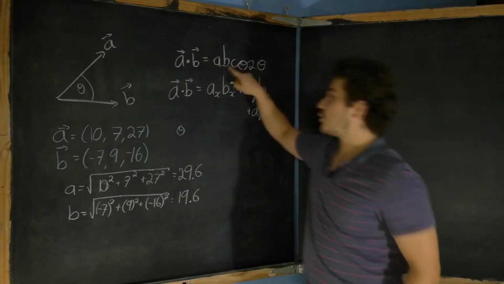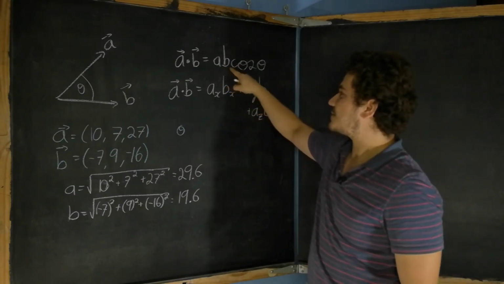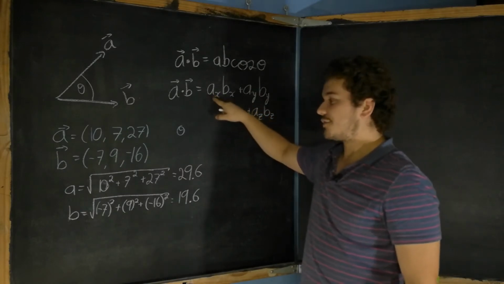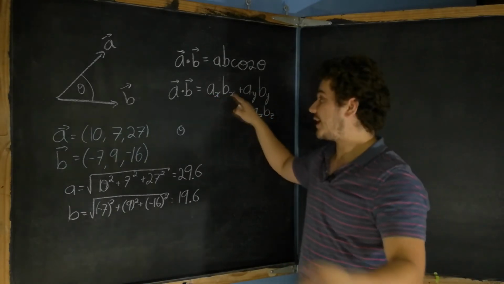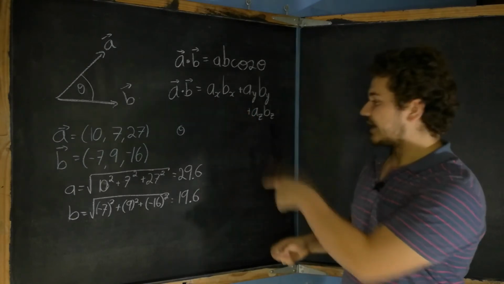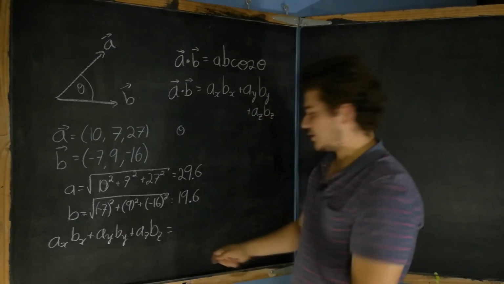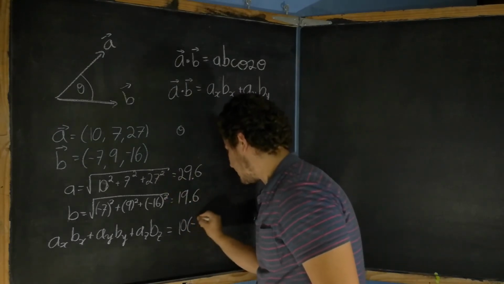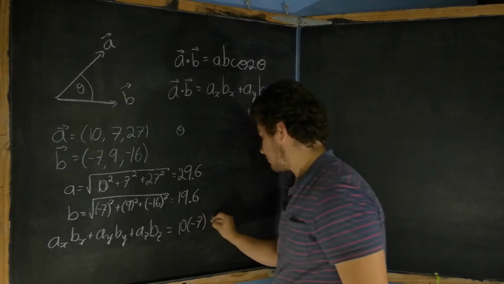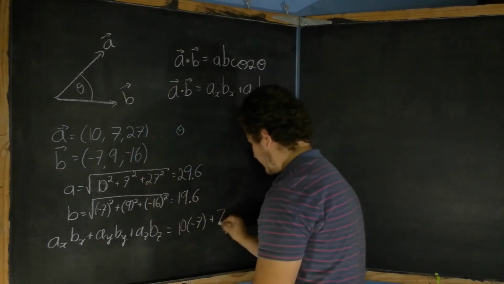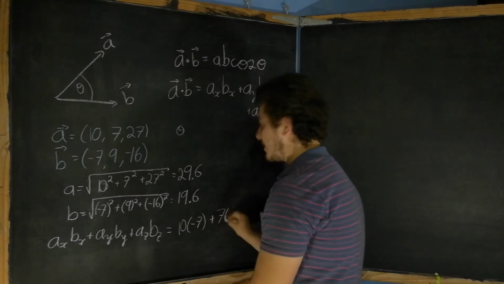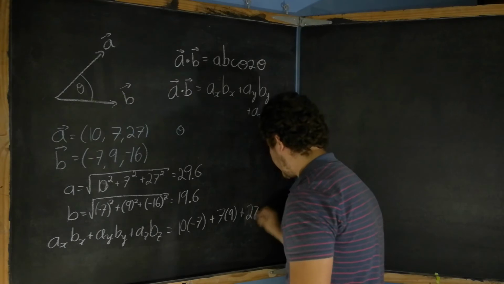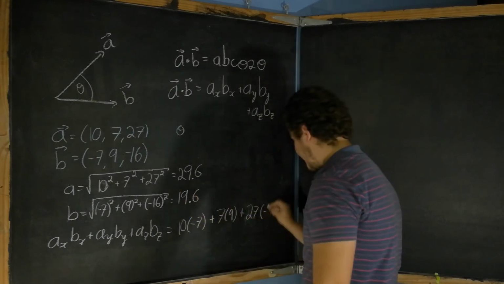If we look back at the equation, we see that A times B times cosine of the angle equals the product of each entry multiplied by the same entry of the other vector. Let's calculate this. I just rewrote it. And calculating this, we have 10 times minus 7, plus 7 times 9, plus 27 times minus 16.